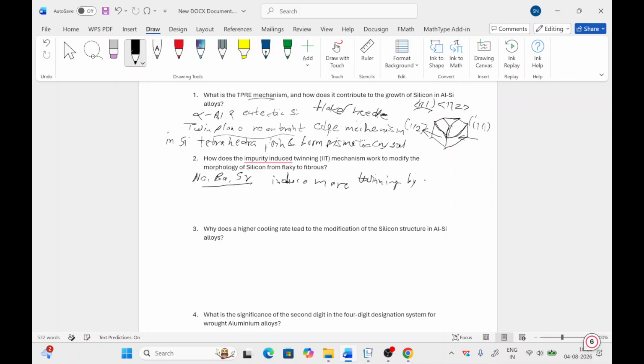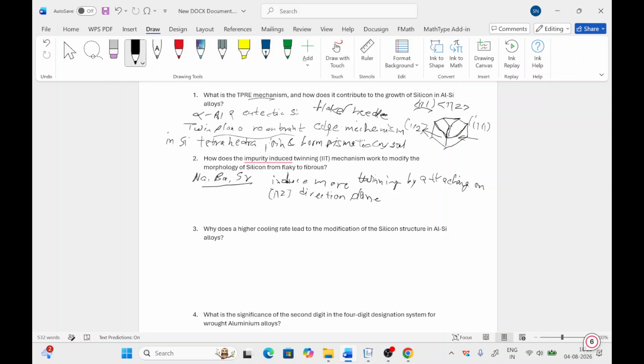by attaching on the 112 direction plane. Okay.